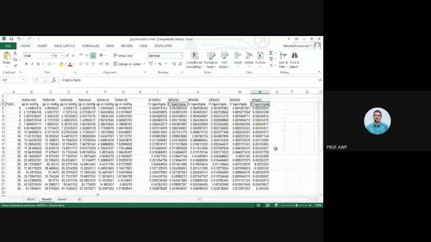Right? Anybody with me? Anybody not with me? Anybody stuck somewhere? Anybody is doing in Excel? Anybody is not doing in Excel? Yes, sir, I am doing. Siddhant, are you doing in Excel?